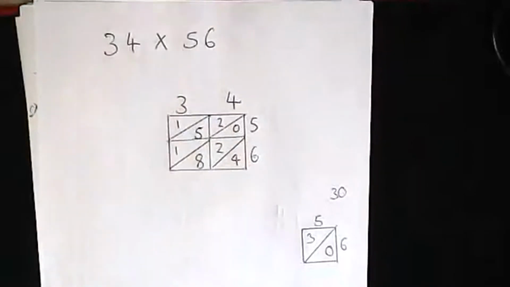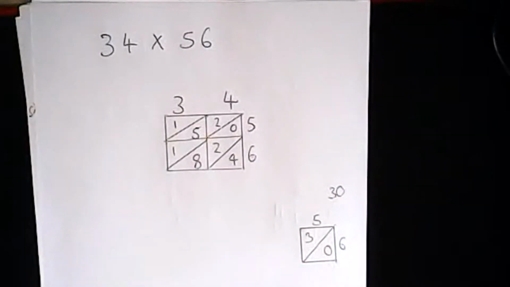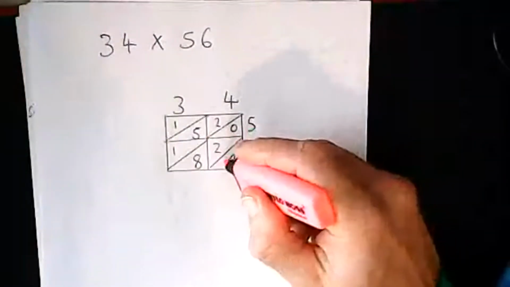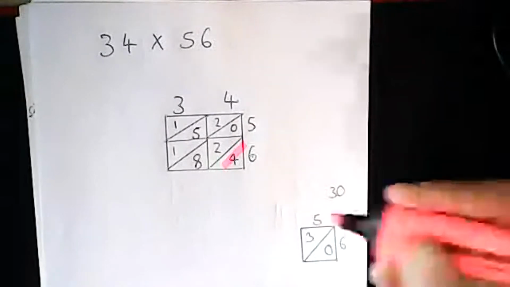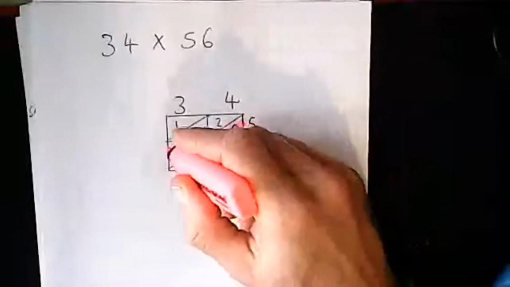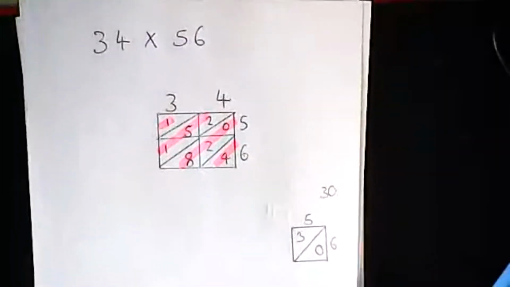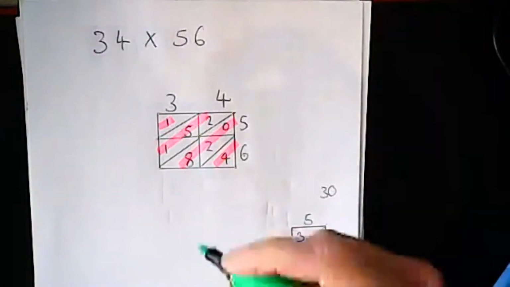So there's the grid done, and you can see already, working out wise, a lot less hassle than that. But this is the difficult part, and children, pupils, adults find this concept so difficult. We're so used to adding up in columns that when we switch to this idea, people really struggle with it. But I want you to imagine, folks, that we're not adding up in columns anymore.